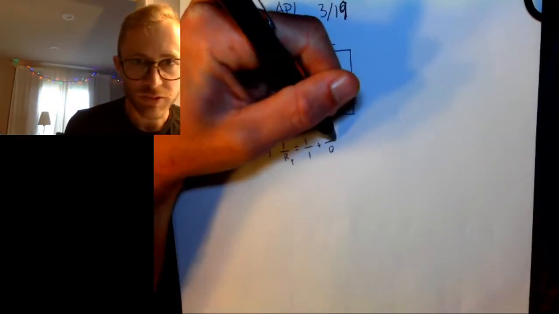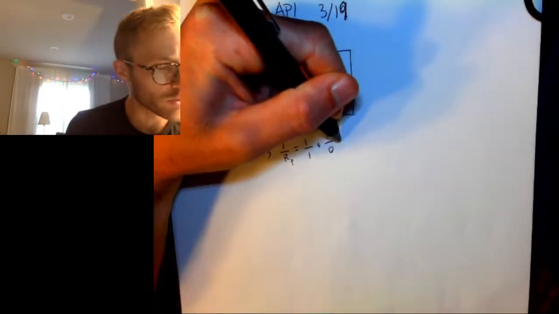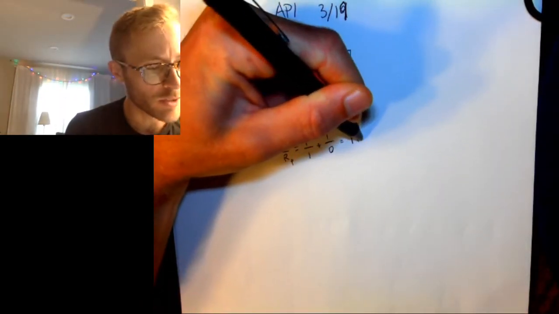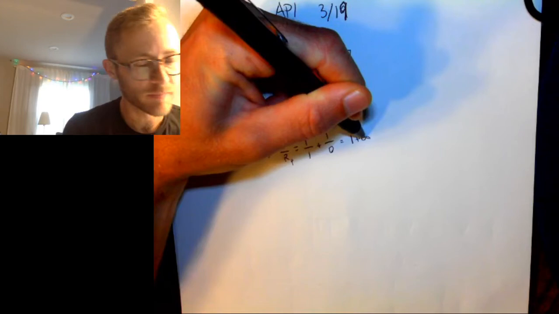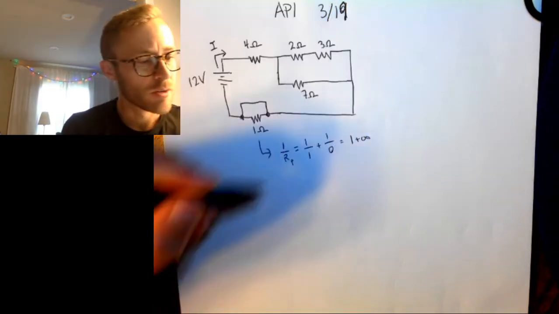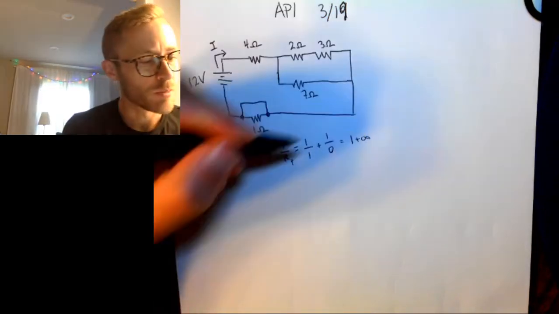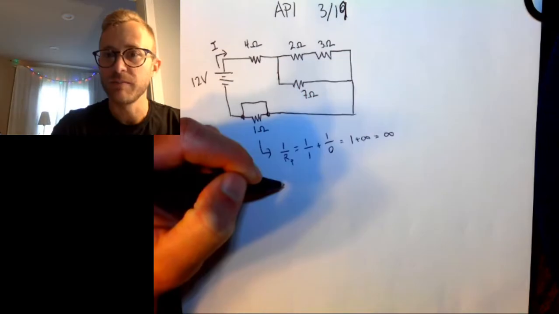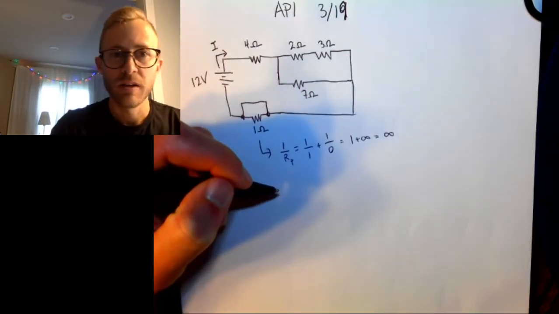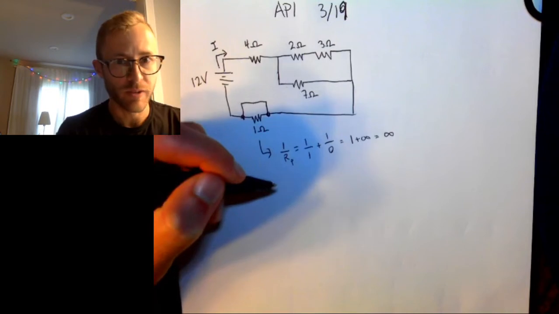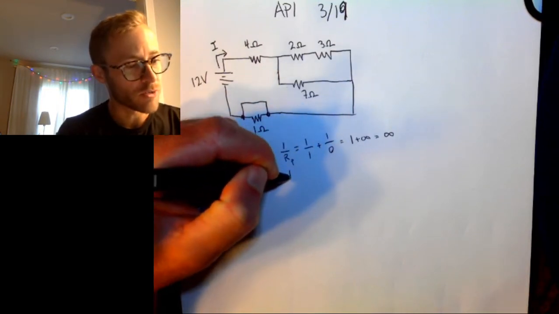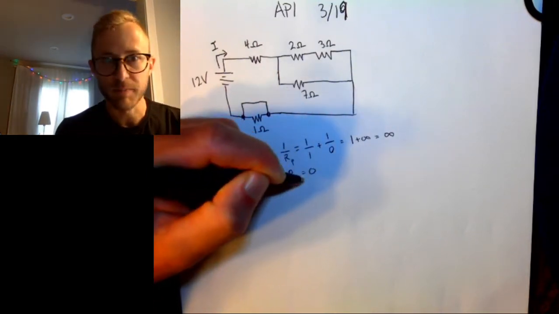So we have 1 plus infinity, which equals infinity. And so 1 over R sub P equals infinity, and that means R sub P equals 0.